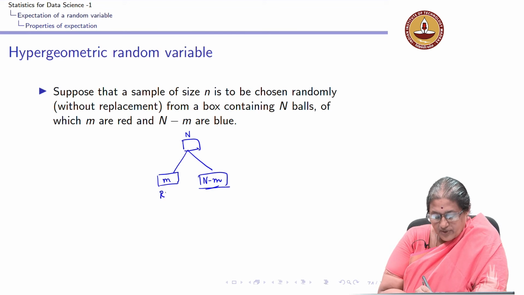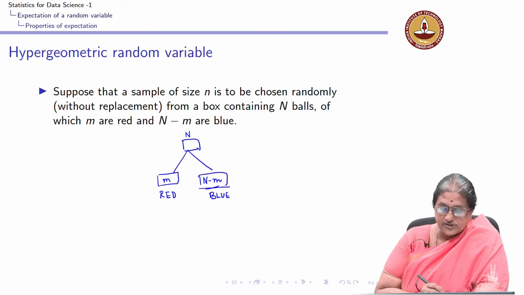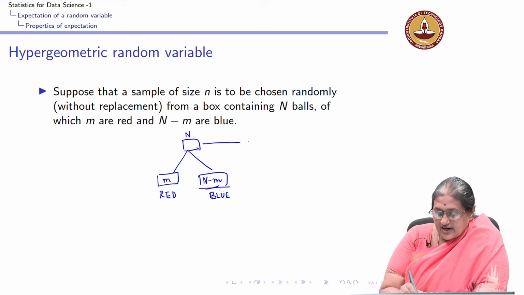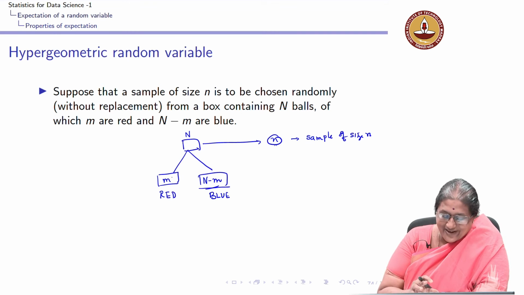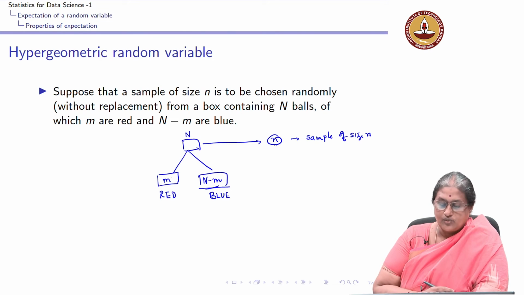Here I am assuming m are red balls and n minus m are blue balls. From this N, I am choosing a sample of size small n. So, this is my sample of size n. Again, this sample also could have red balls and blue balls.